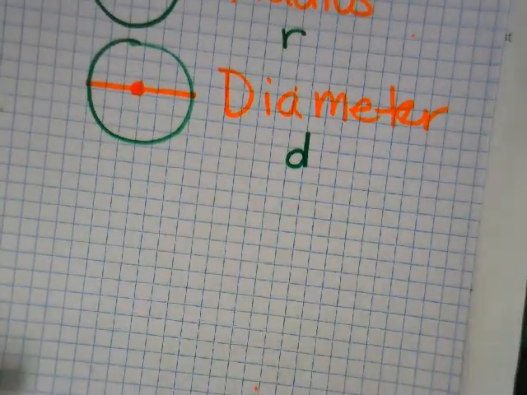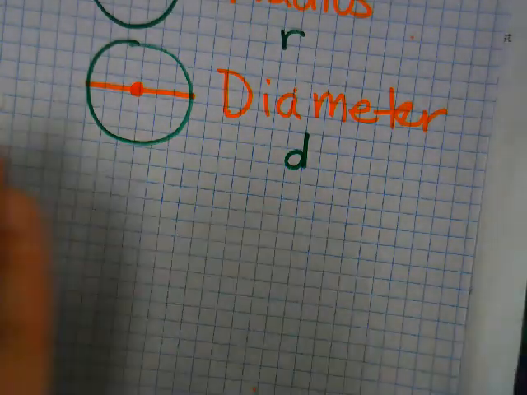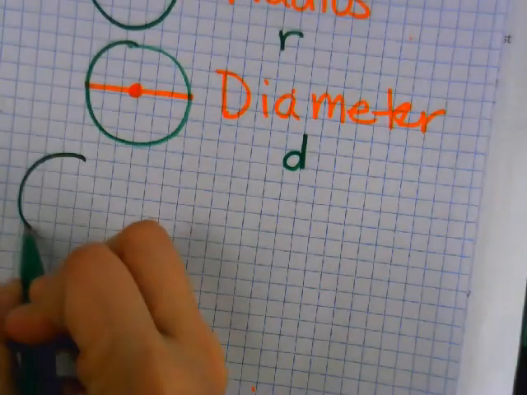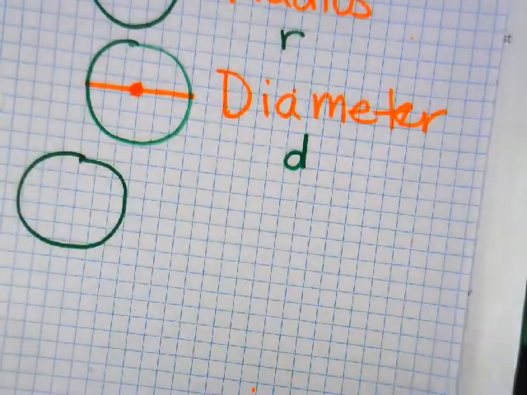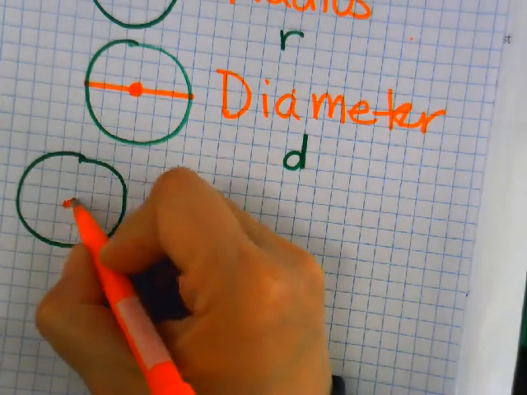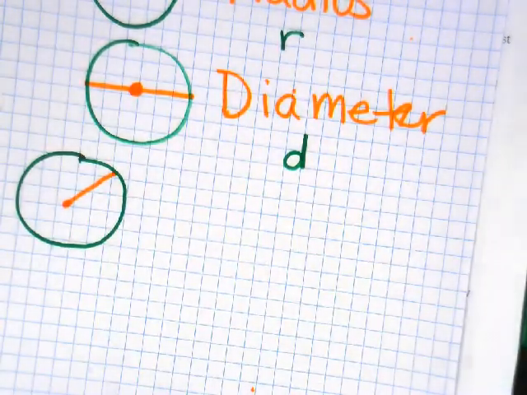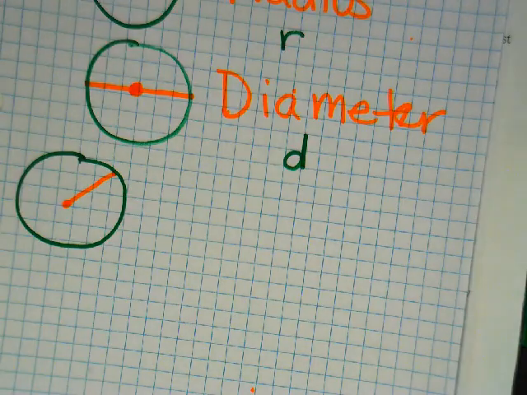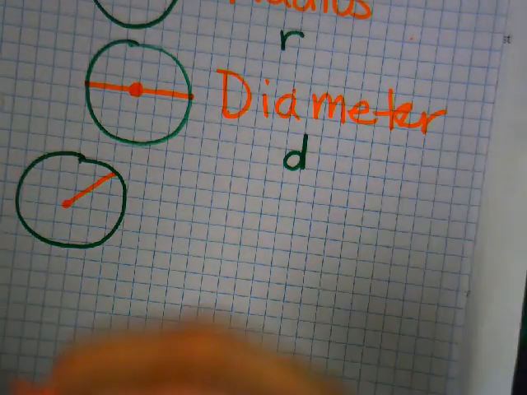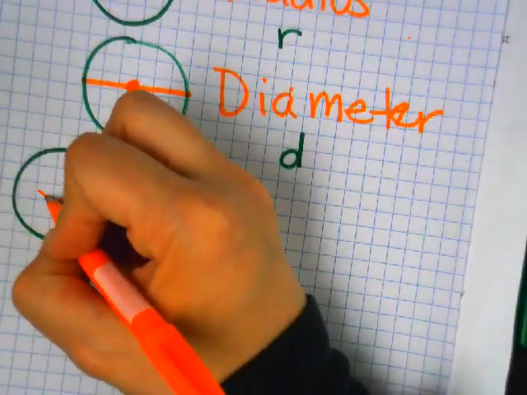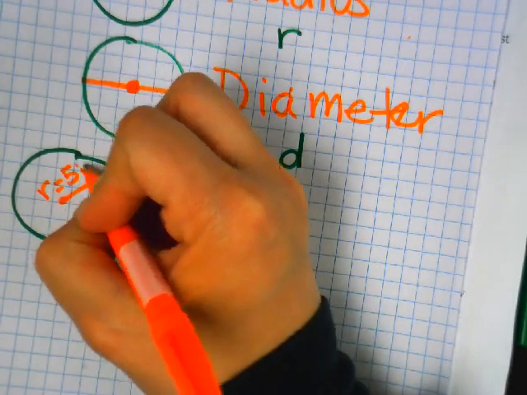All right, another circle. But this one on the side over here. What if I give you a circle, and I draw a dot, and I do this line? What does this line represent? Radius. Good. Start using the vocabulary. And I tell you, hey guys, the radius is equal to 5 inches.